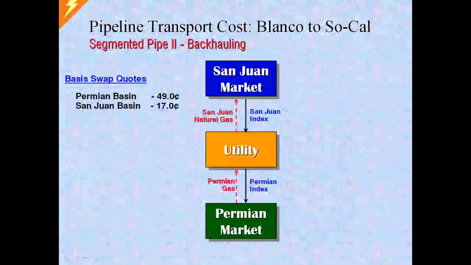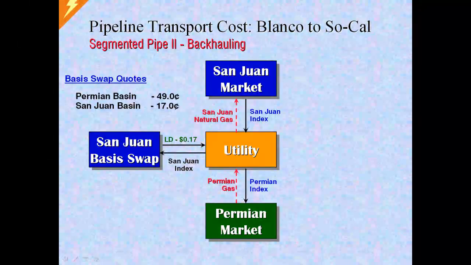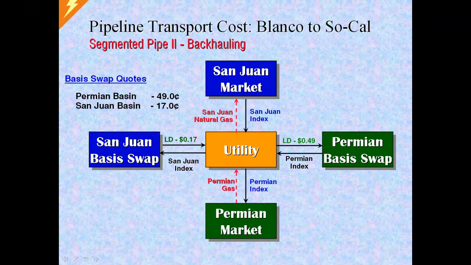We are to move gas from San Juan to the Permian Basin. So here we sell our San Juan gas and buy Permian gas, thus moving our gas to Texas from New Mexico. So we sell a San Juan basis swap, where we receive LD minus 17, and we buy a Permian Basin basis swap, and we pay LD minus 49.